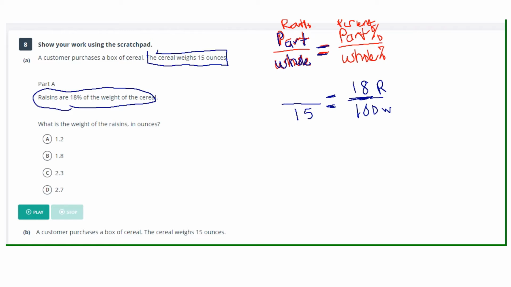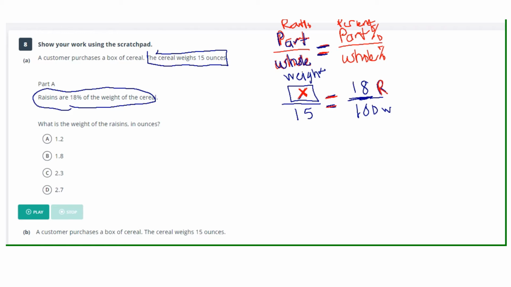And then the question that we want to answer is, what is the weight of the raisins? So this side represents weight. This is the whole weight, and in the numerator, this is going to be the weight that's equivalent to raisins, because we started with raisins. Now, if you get the value of x, then you'll have the answer to the question.